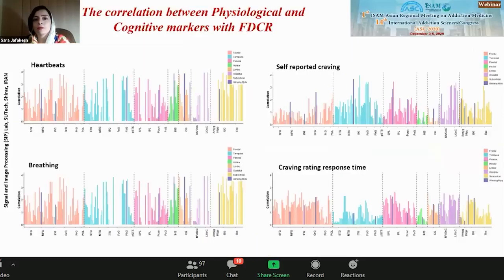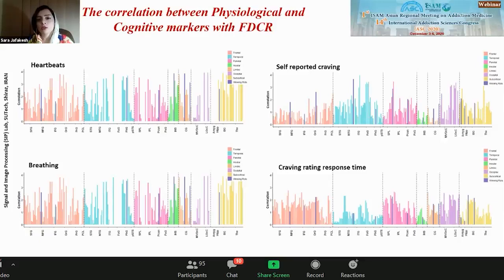And the other work that we have done was to validate our feature selection with physiological and cognitive markers. We used physiological markers like heartbeat and breathing, because we know when addicted people face drug use, the rate of their heartbeat goes up, and their breaths get deeper.